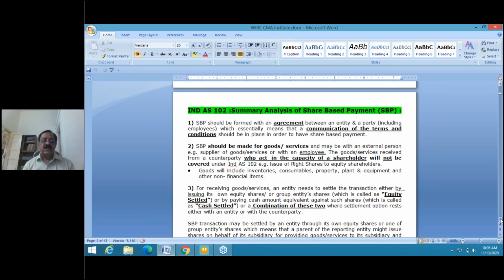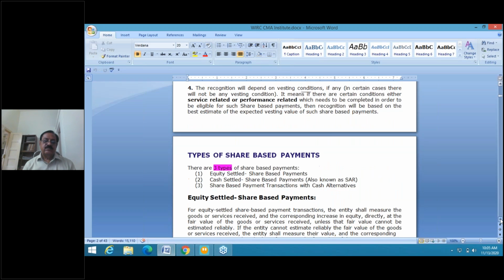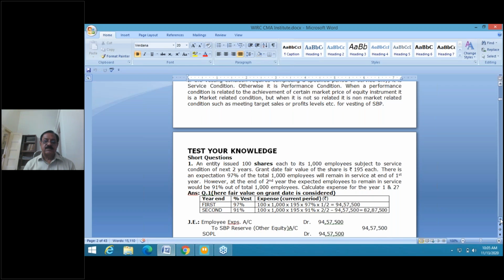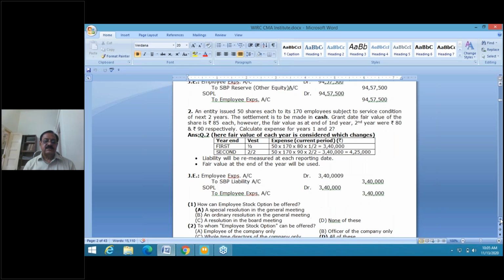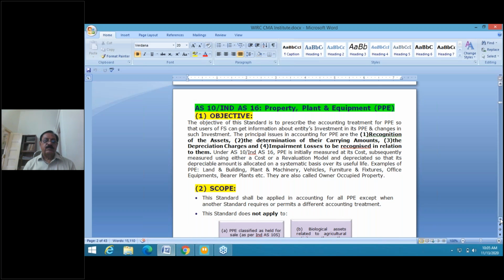So first of all, I am starting with important AS from examination viewpoint, which is Ind AS 16, property, plant and equipment. It is AS 10 in the old part.